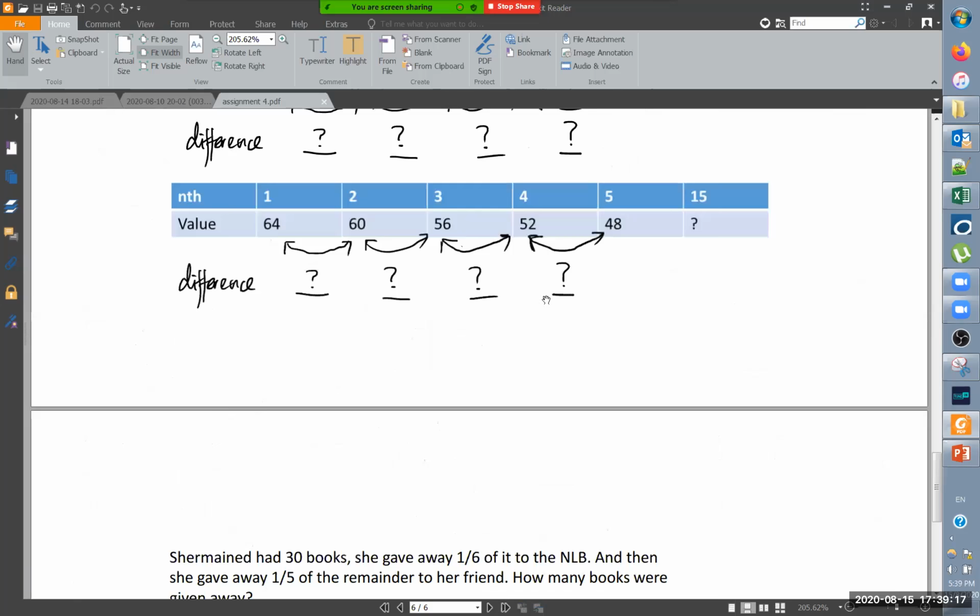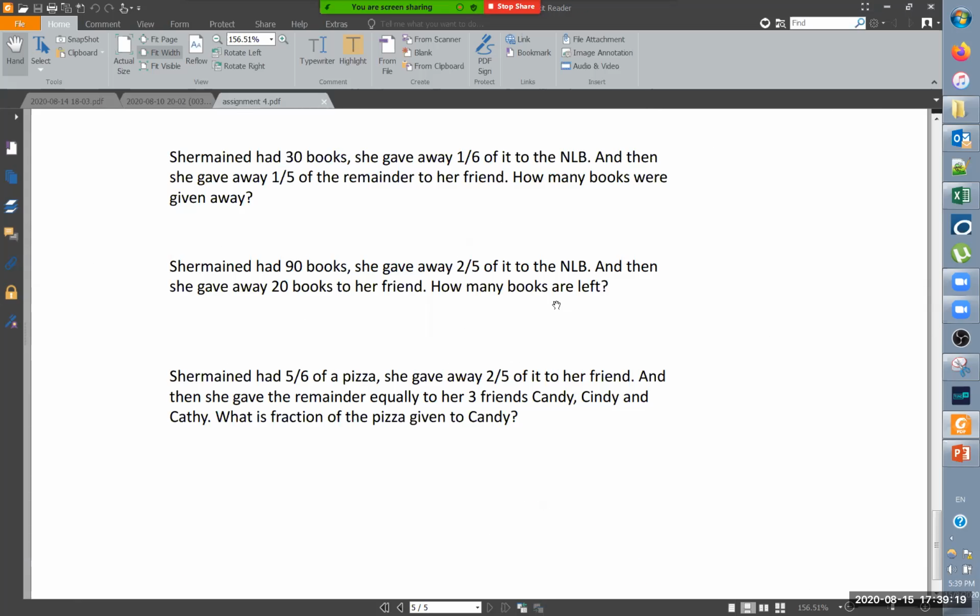Let's look at my question. Okay, 30 books. She gave away 1/6 of it, and then she gave away 1/5 of the remainder. So you need to give me the left first. Then you branch. Am I right? Am I right or not? So the branch is always what? Give or use. Then this will be your what?